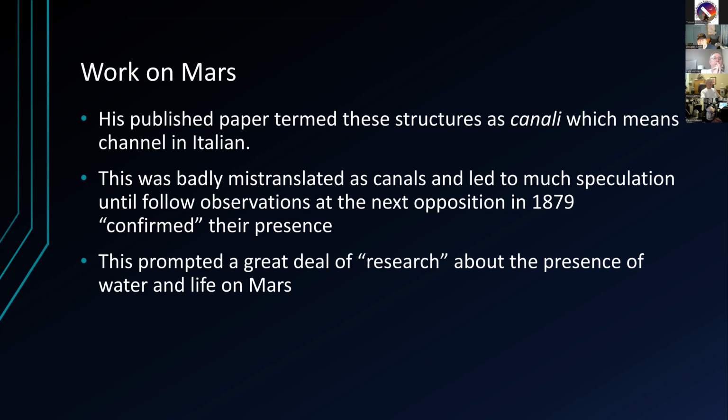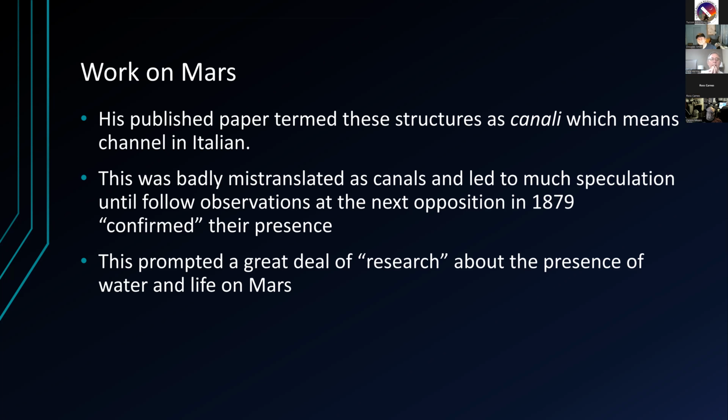It wasn't until the following opposition, which was not a great opposition, just the next in the sequence, in 1879, where people were like, oh, hey, no, you're right. You're actually seeing something there on the surface of Mars. Because they thought he was crazy at the time too.